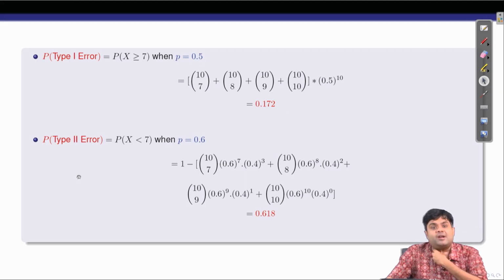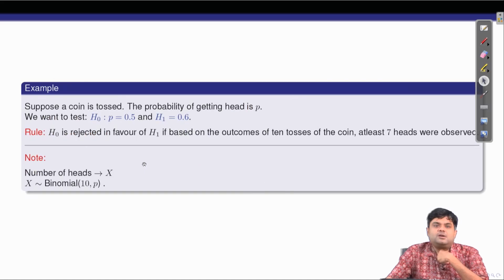And what is the type 2 error? Well, when p = 0.6, the null hypothesis is indeed not true, the alternate is true. The probability of actually accepting the null hypothesis, you can see from binomial probability, is the probability of x less than 7 for binomial(10, p).